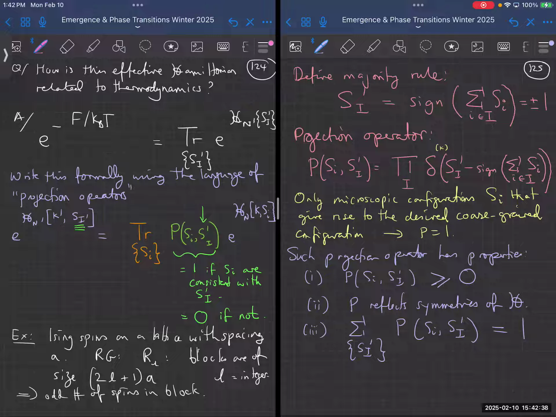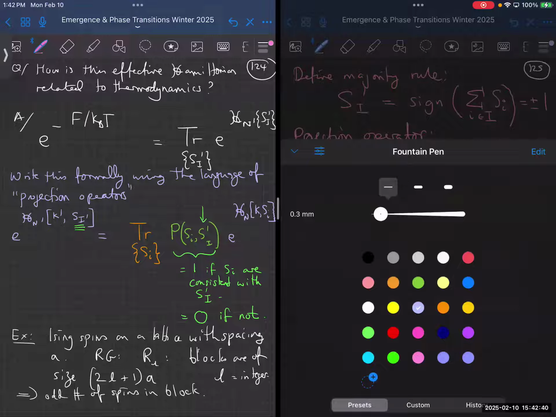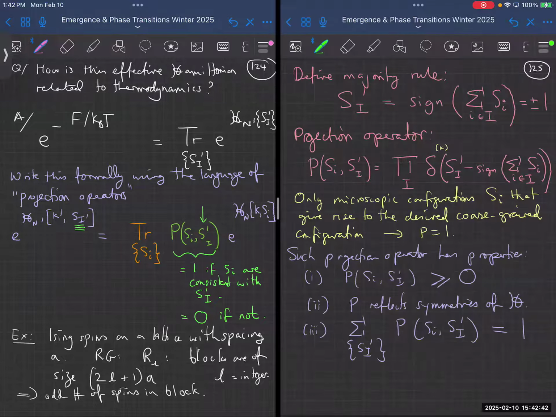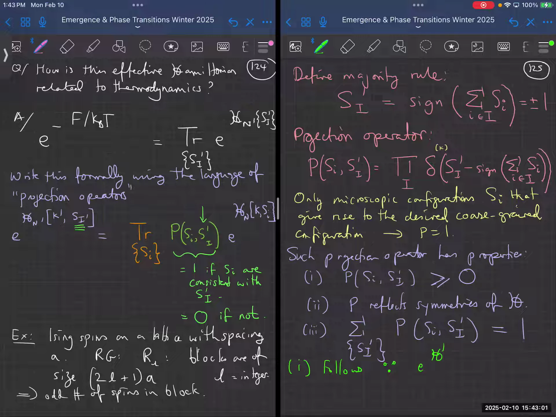So those are the properties. Let's just see where they come from. They're fairly obvious, but let's just make sure. Property 1 follows because when I compute e to the h prime, the transformed Hamiltonian, that has to be greater than or equal to 0, because the exponential of anything is greater than or equal to 0.